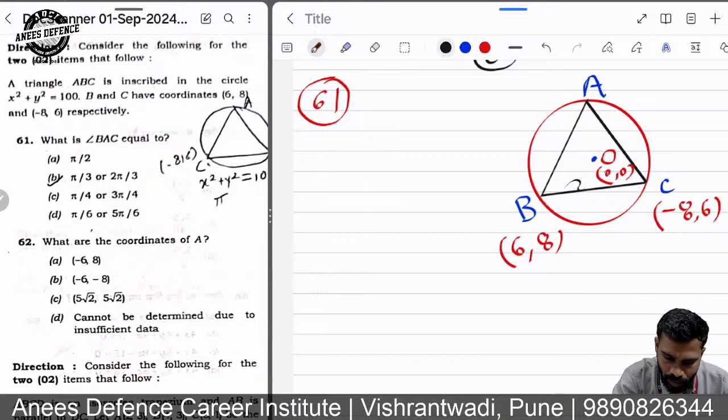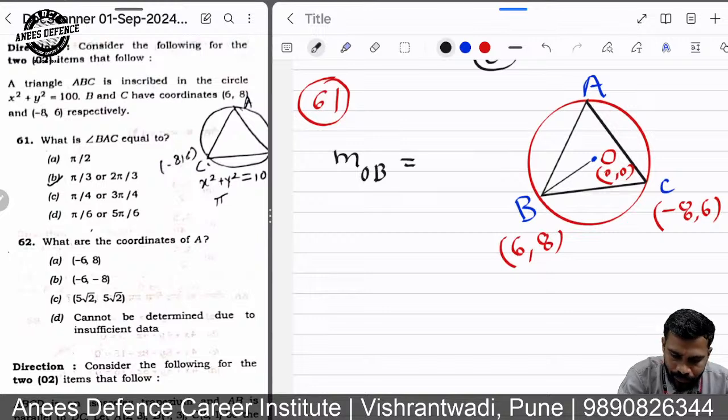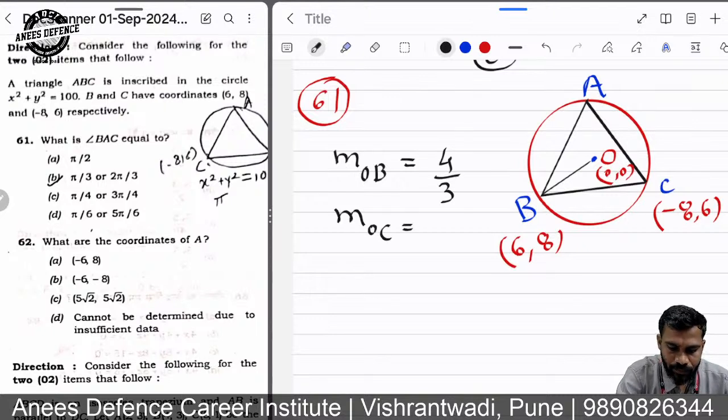Now, let us try to find out the slope of OB and OC. So the slope of OB will be 8 by 6, that is 4 by 3. And similarly, the slope of OC will be 6 by minus 8, that is minus 3 by 4.